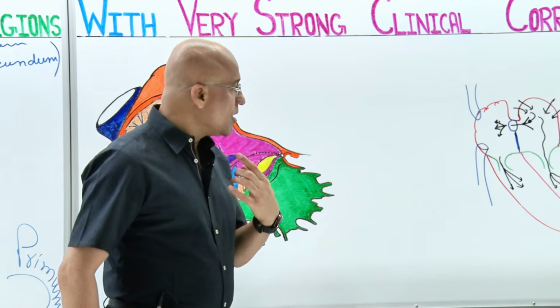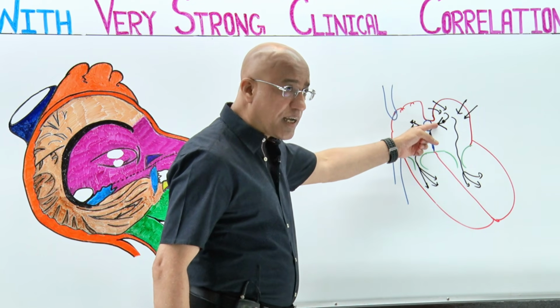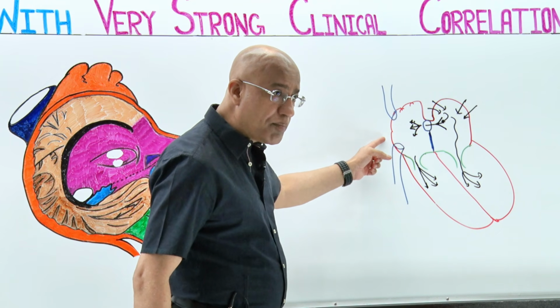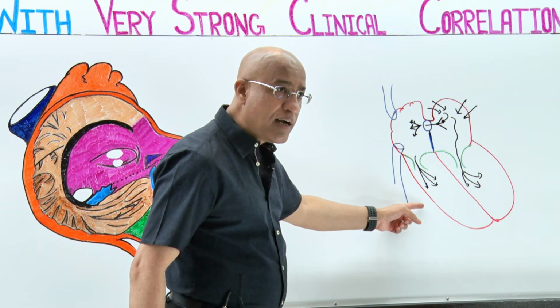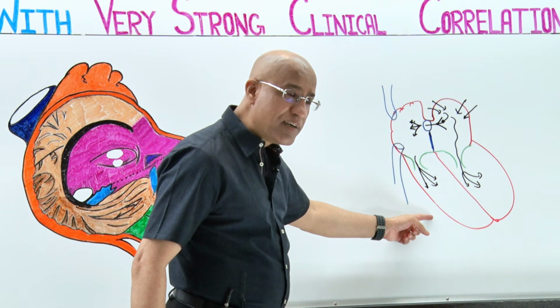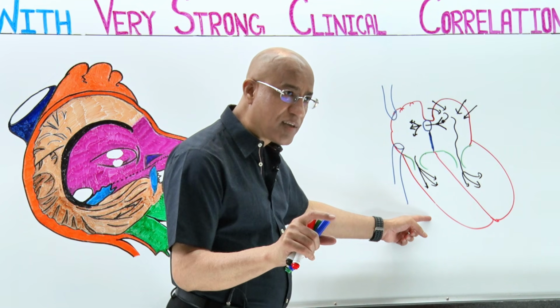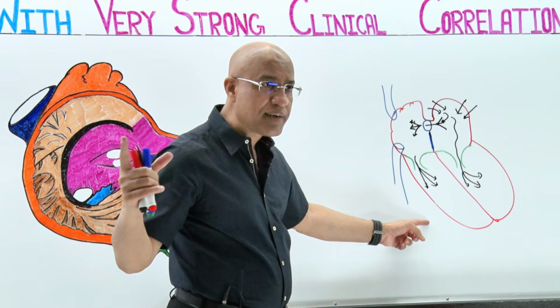Meanwhile, at initial stages, there was shunting from left to right atrium, enlargement and hypertrophy of the right atrium, and enlargement and hypertrophy of the right ventricle, and both occur simultaneously. When there is pressure overload, first hypertrophy occurs and eventually dilation of the chamber.